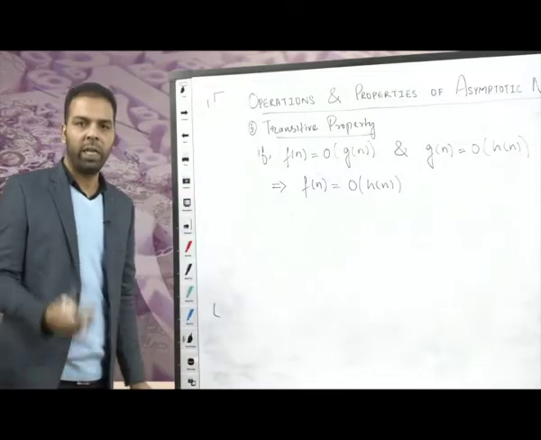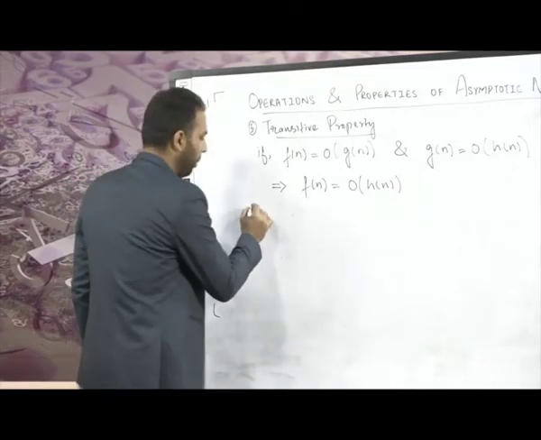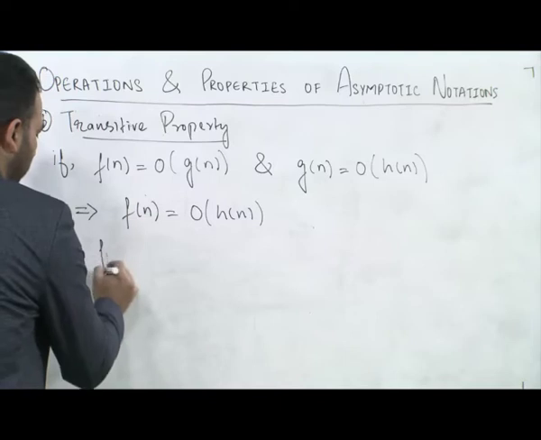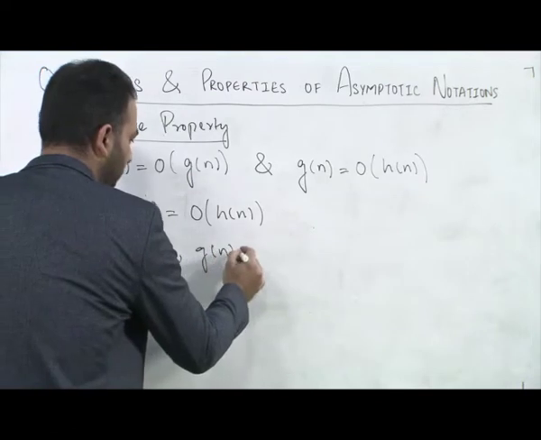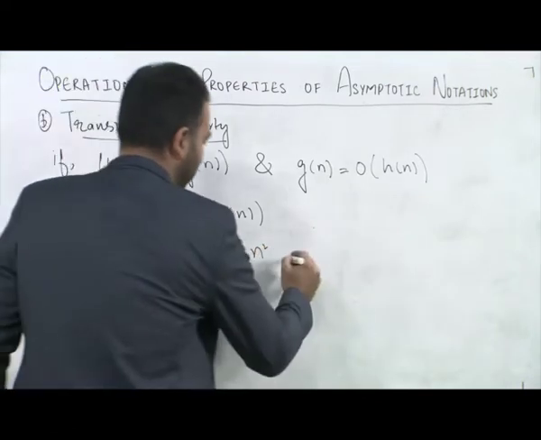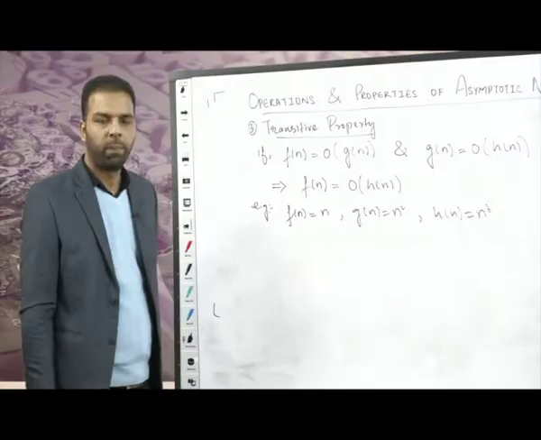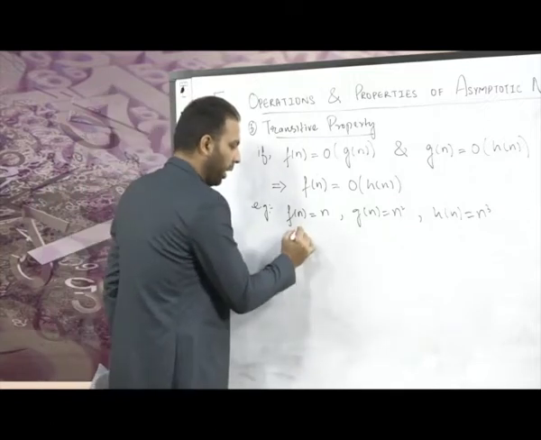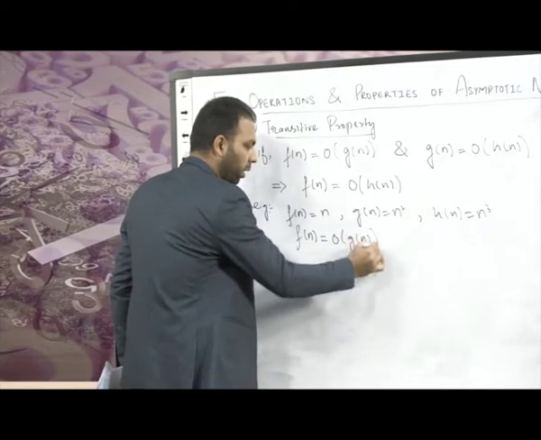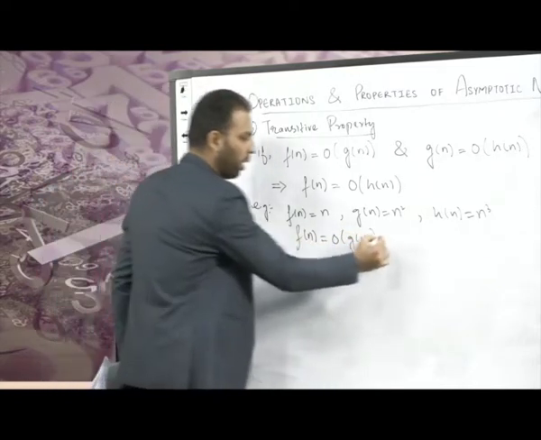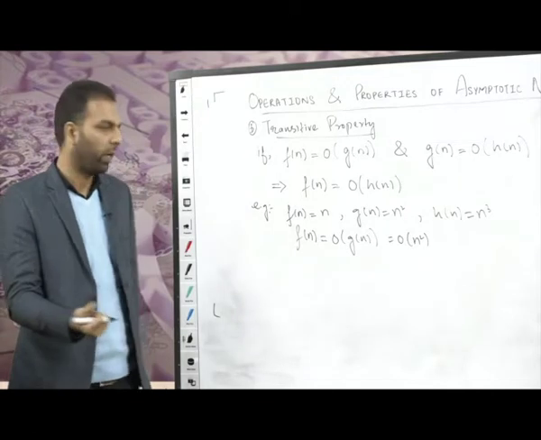So we'll see an example to see what it means and if it is right. For example, f of n is n, g of n is n square, and h of n is n cube. So we can write f of n is order of g of n. Yes, it is. We can say that upper bound for n is your n square.